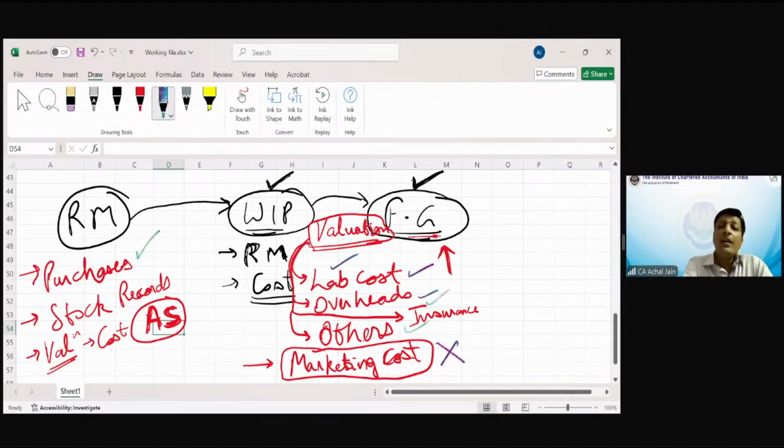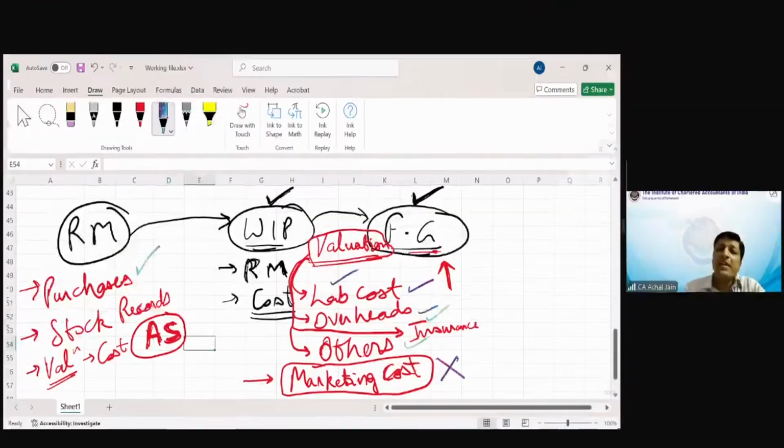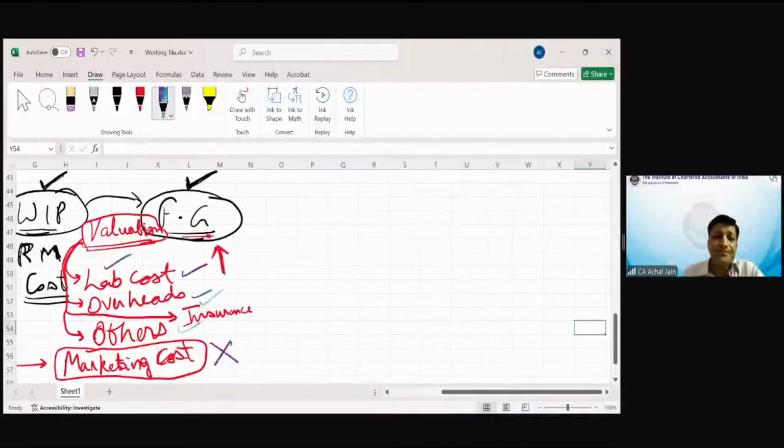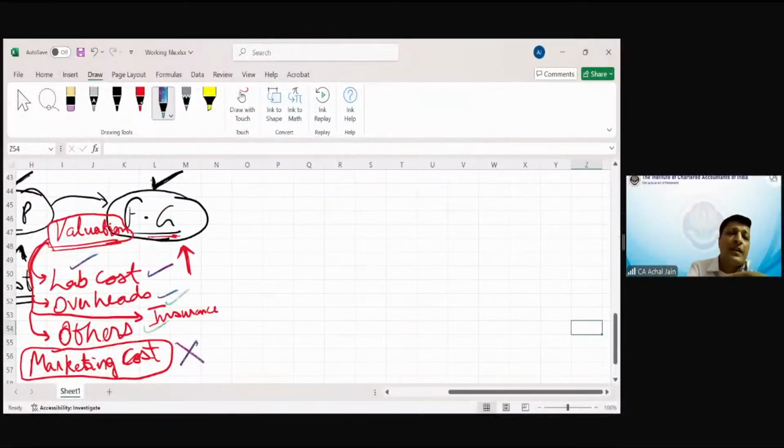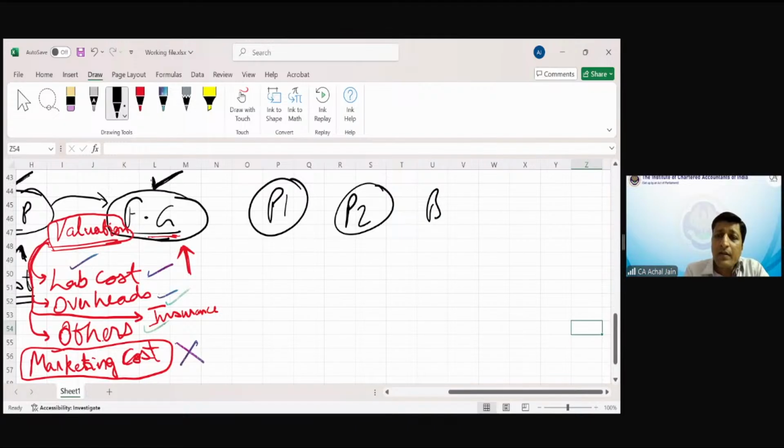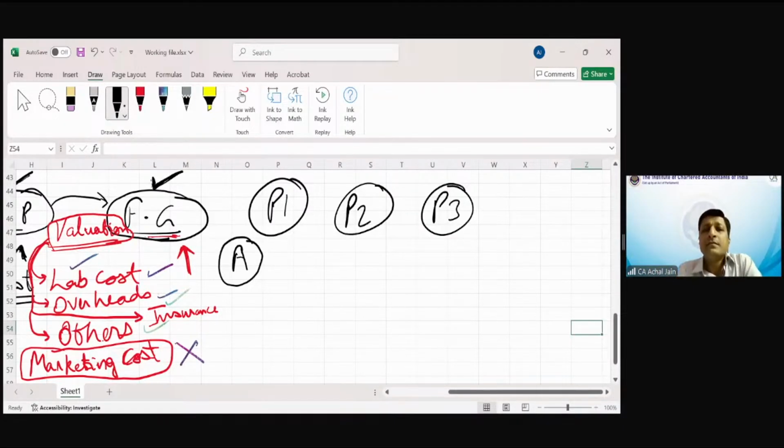But there again, auditor will have to understand that which labor is this. Let's suppose company has got three plants. Plant 1, plant 2, plant 3. So let's suppose this finished good A is getting manufactured at plant 1.